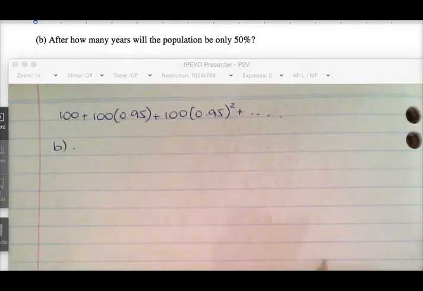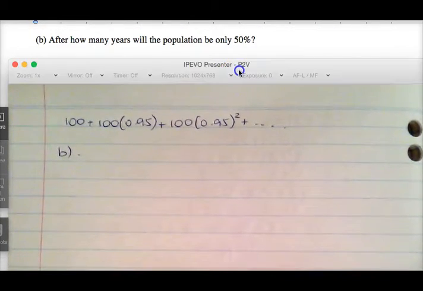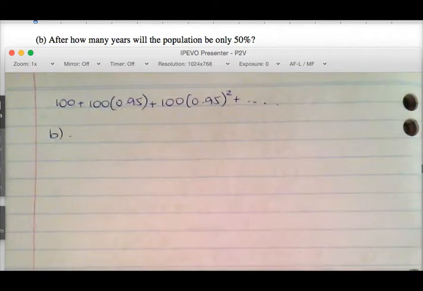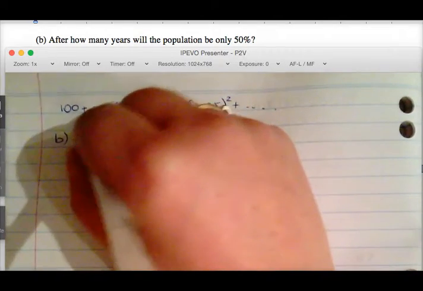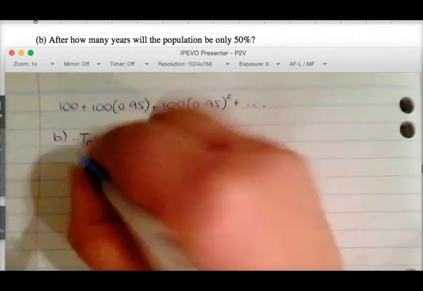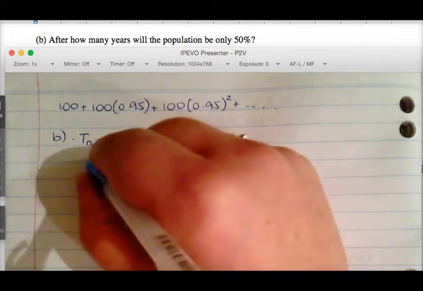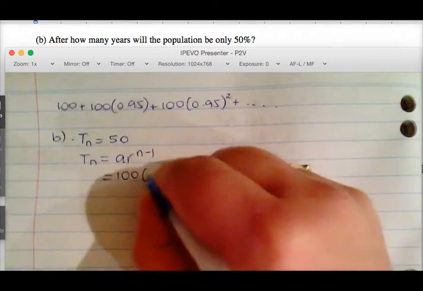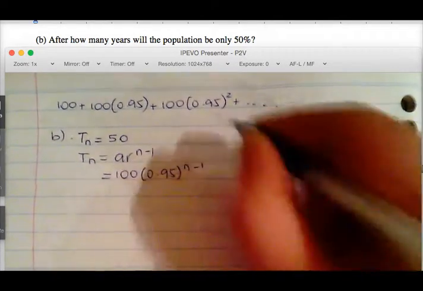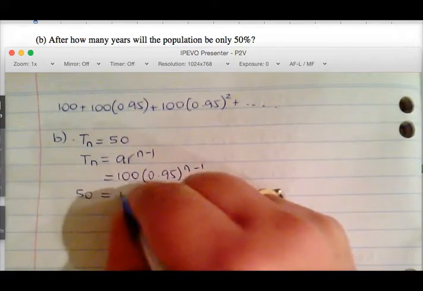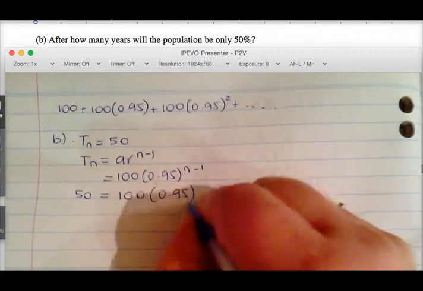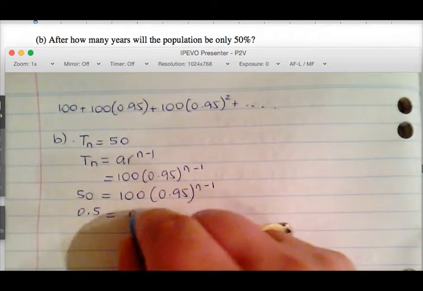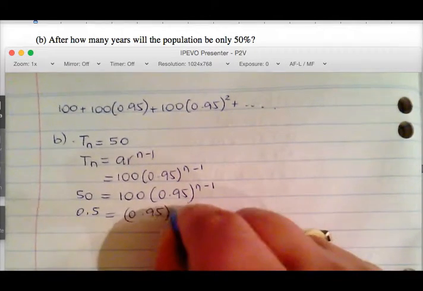Okay, now part B says, after how many years will the population be only 50%? So we want the term that's going to be equivalent to 50%. So we want Tn to be equal to 50. We know that Tn equals AR to the n minus 1, which is 100 times 0.95 to the n minus 1. So we'll put 50 is equal to 100 times 0.95 to the power of n minus 1. 50 divided by 100 is 0.5 equals 0.95 to the power of n minus 1.